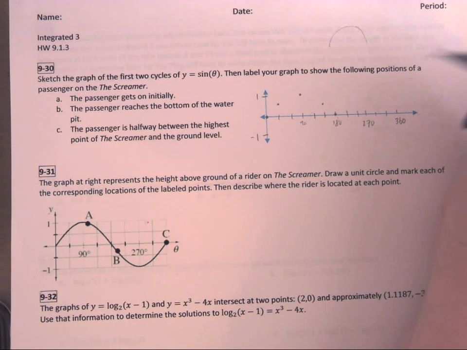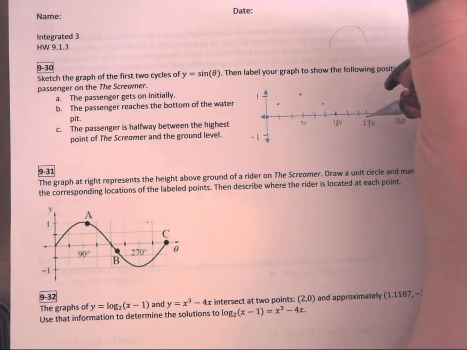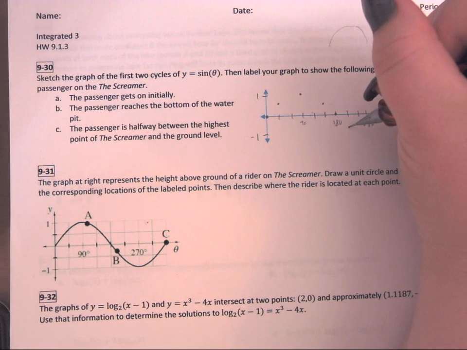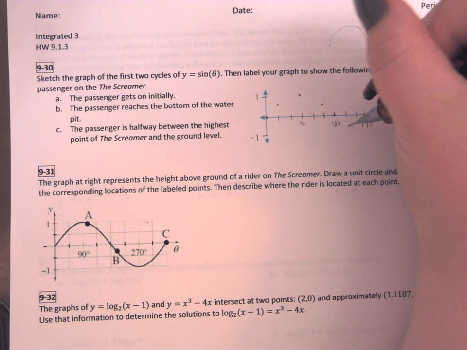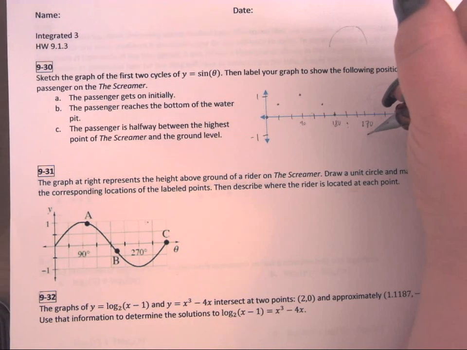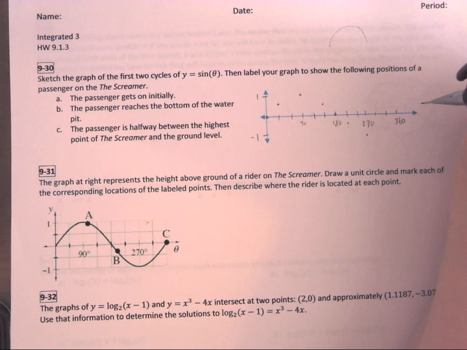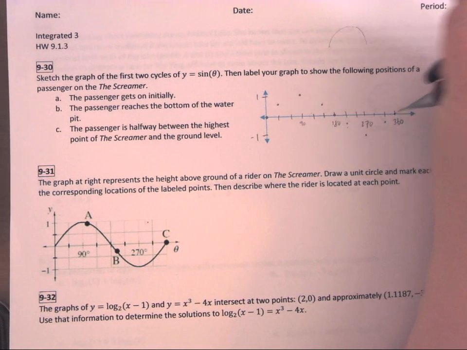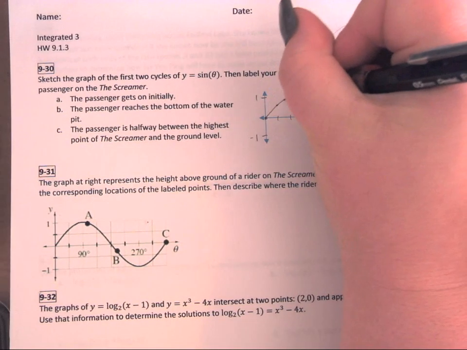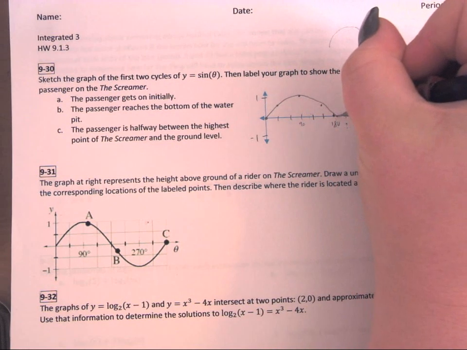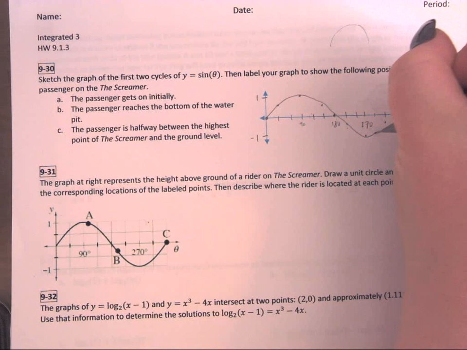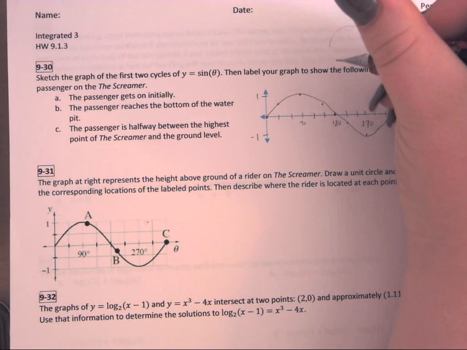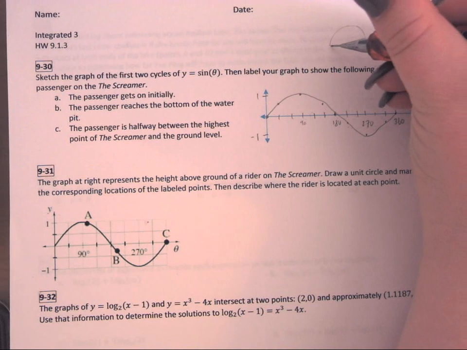So here we are, and then here you're at 1/2 again. And then 270, you're at the farthest you can be. Then here you're 1/2. And then here you're at 0. So then basically that's the bottom half of the circle.